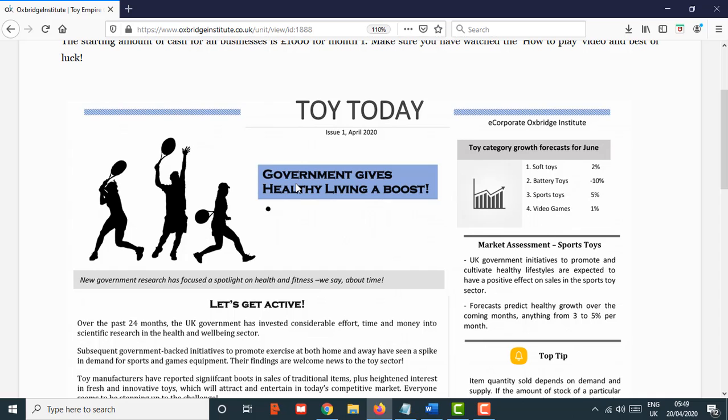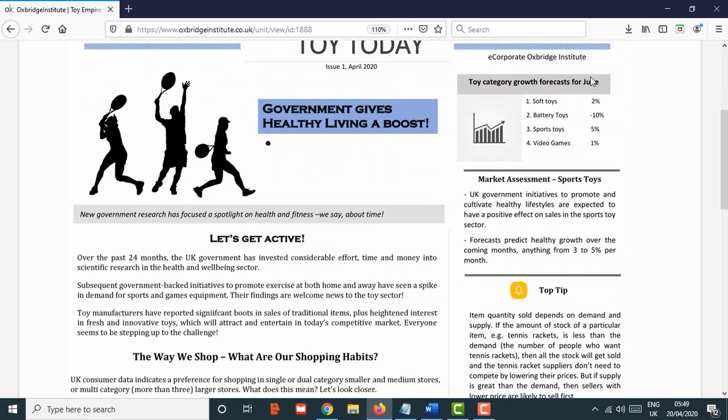This newsletter gives you a lot of information which is going to be very useful in taking your business decisions. Now here we have an article on healthy living being given a boost, and that has an impact on sports toys. Here we have category growth forecast for next month. So for example, soft toys is 2%.